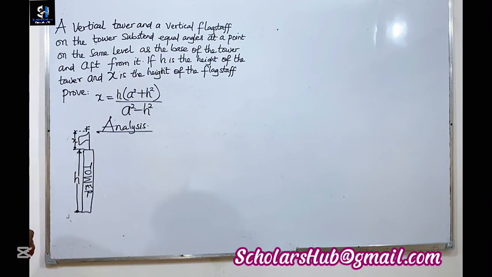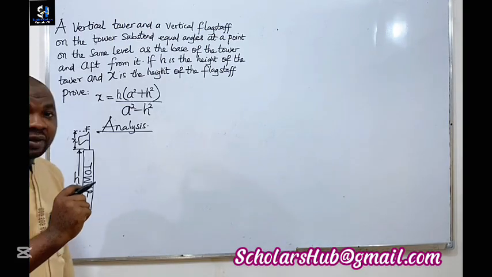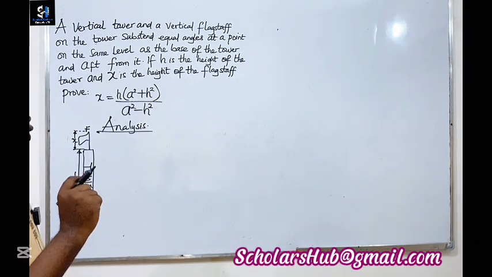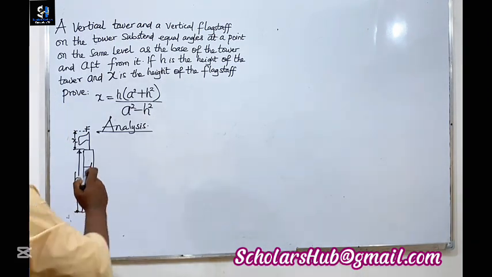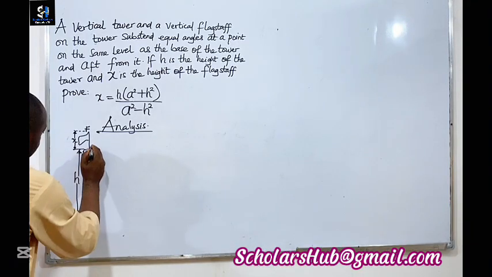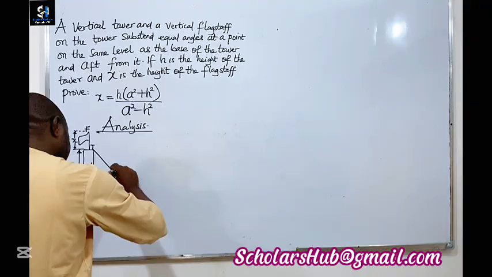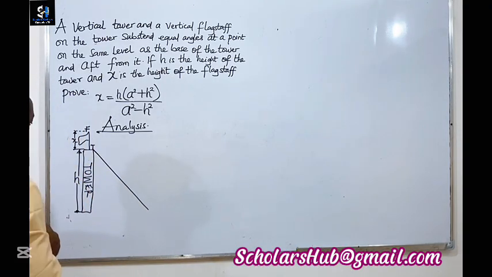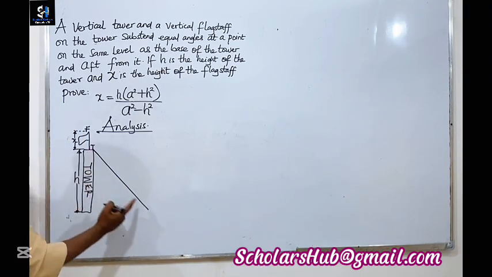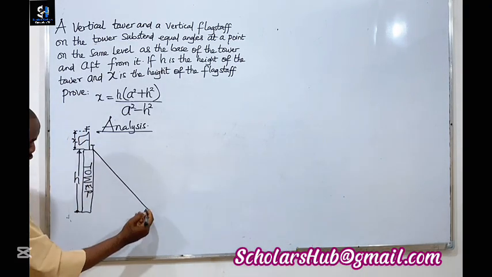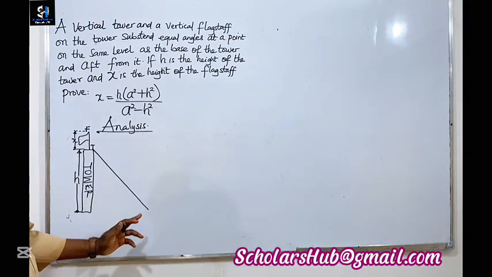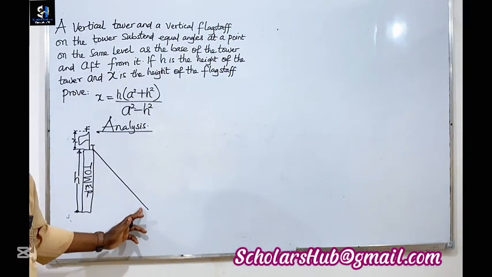Now, we have a vertical tower and a vertical flagstaff on the tower that subtend equal angles. So now let's take this to be the top of the tower. So the angle subtended by the top of the tower from the point of observation, you know, the point of observation is where we have the angle of elevation.